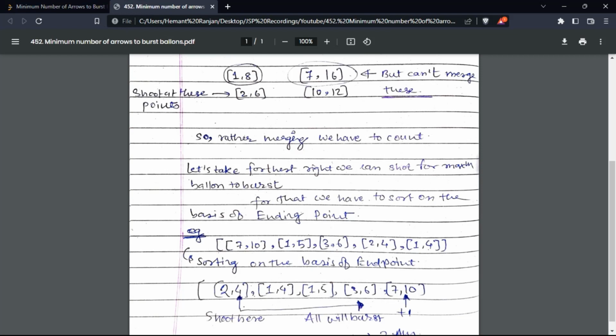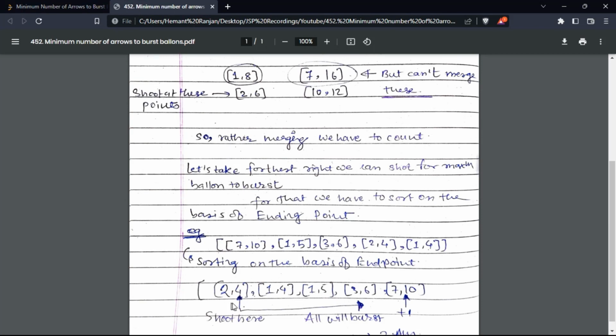So let's take an example of this here. If we sort these balloons on the basis of the ending point, it will be 2 4, 1 4, 1 5, 3 5. And if I take the first end point 4 and shoot at this position, and I look at every next balloon, every next balloon's starting point is less than or equal to the arrow which I have shot there.